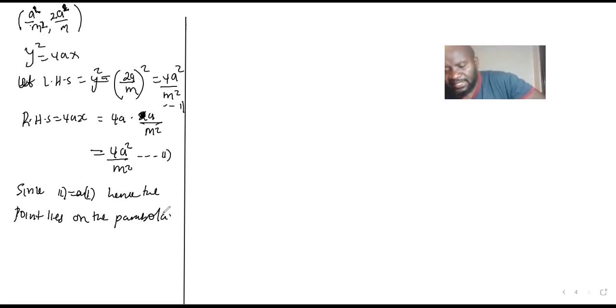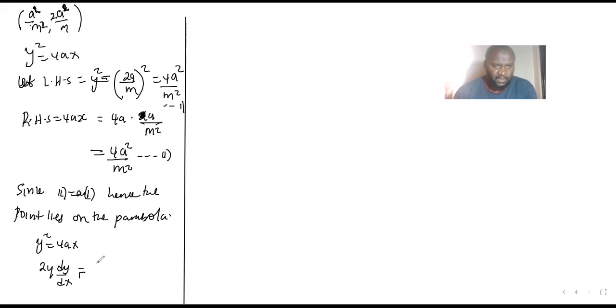Then question 2 is saying, show that the equation of the tangent is that. Now we can get the equation of the tangent from, remember, y squared is equal to 4ax. So 2y dy/dx is going to be given by 4a.